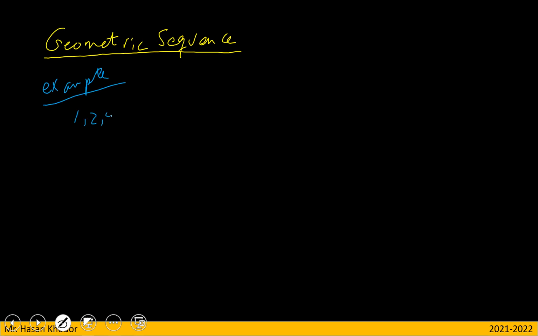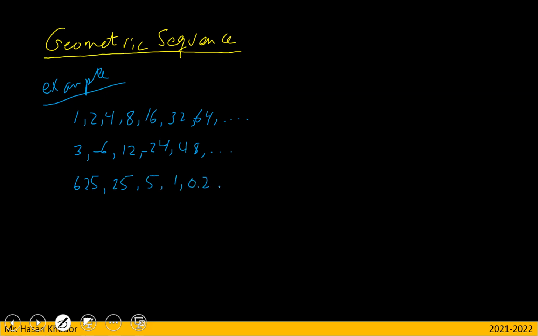1, 2, 4, 8, 16, 32, 64, 128, etc. For example, 3, minus 6, 12, minus 24, 48, minus 96, etc. Let's say 625, 125, 25, 5, 1, 0.2.